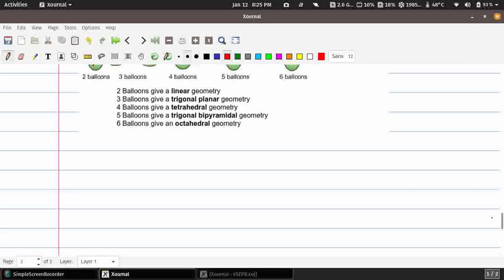Anyways, the last one, I'm not really going to hold you accountable for this on the test, but it's just nice to know. Small adjustments are made for lone pairs.